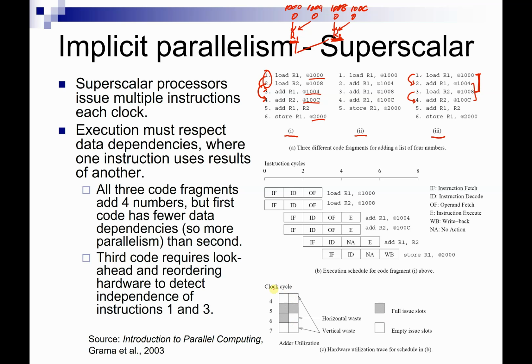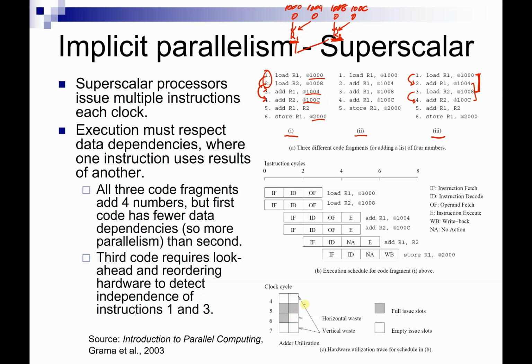Here we have time going in the y direction. We're looking at 4 different clock cycles, and suppose you have 2 different adders. So what this is showing is that in the 5th time unit, we're making use of both adders. So we don't have any waste at this time step.